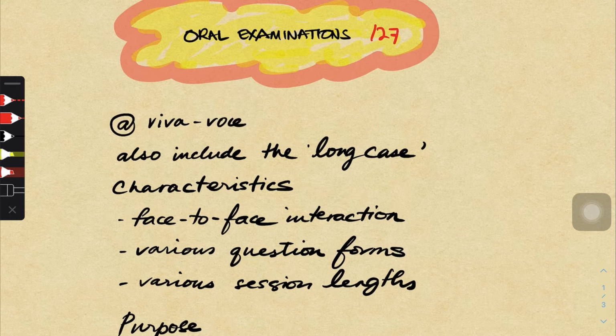It's also known as the viva, but if you recall our earlier discussion, and also in this chapter, oral examinations also include the long case examination. The long case is very popular here in Malaysia and in other parts of the world as a high level clinical examination. It's usually part of the clinical component of examinations in medical schools.